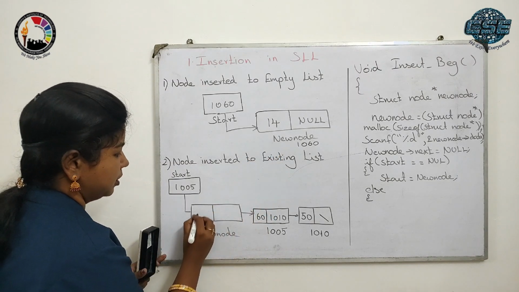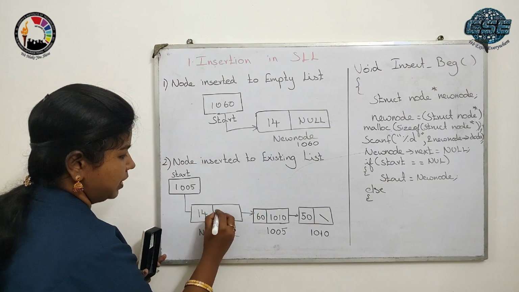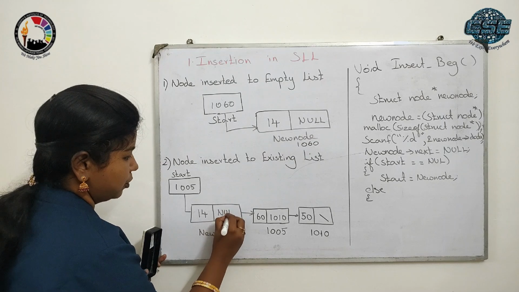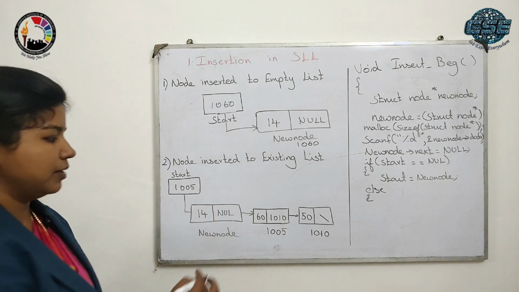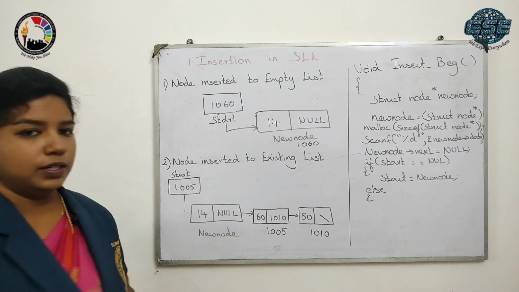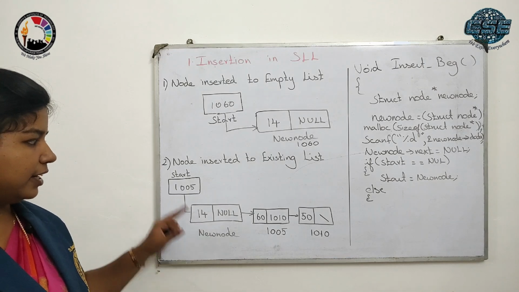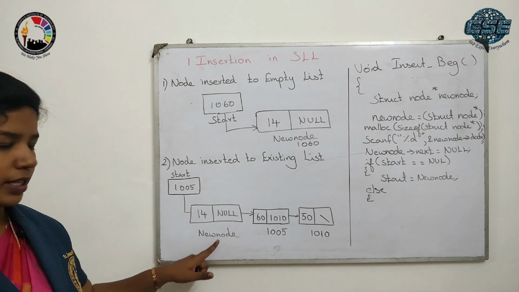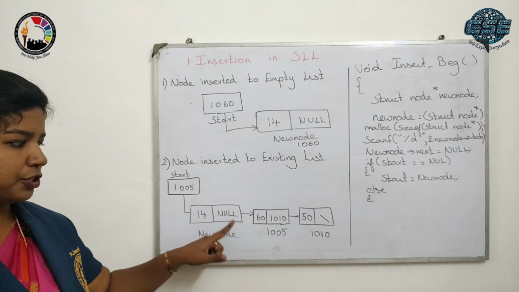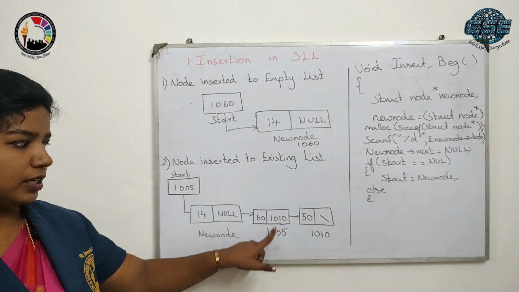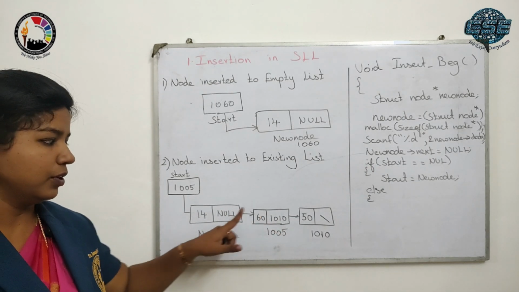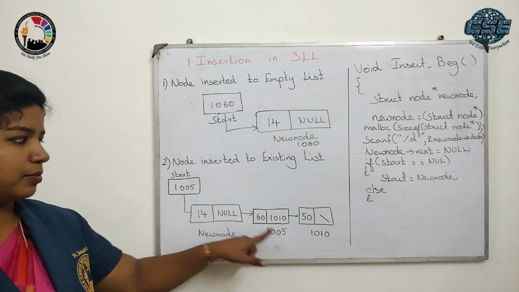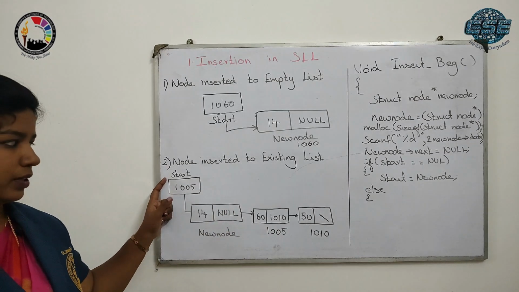As per the problem, the data part will have 14, and the next part will have the value null. Now we have to change the address of start, and the new node's next should have the address of this next node, that is 1005. This 1005 is nothing but the value pointed to by start.